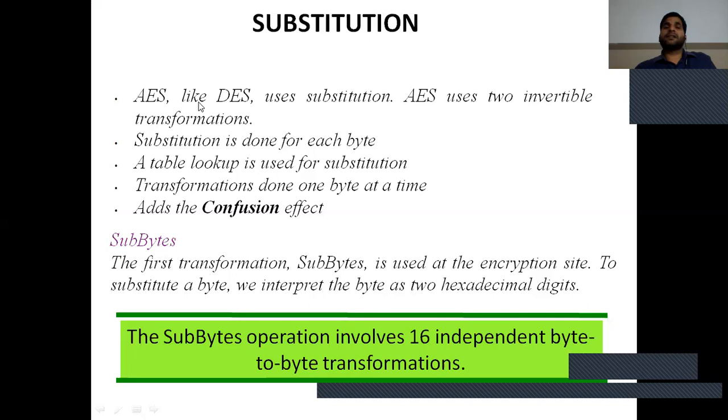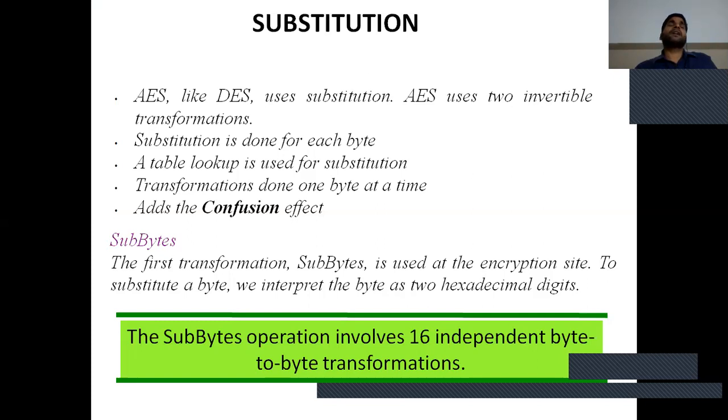AES, like the Data Encryption Standard, uses substitution. AES uses 2 invertible transformations. Substitution is done for each byte. A table lookup is used for substitution. The transformation is done 1 byte at a time, and it adds the confusion effect.